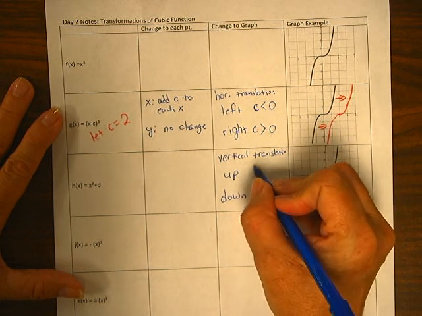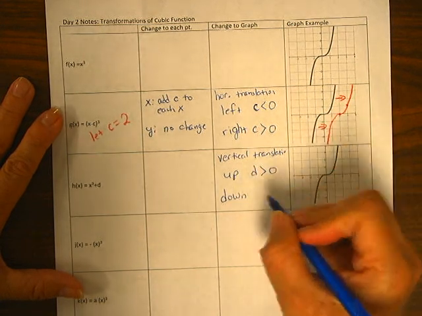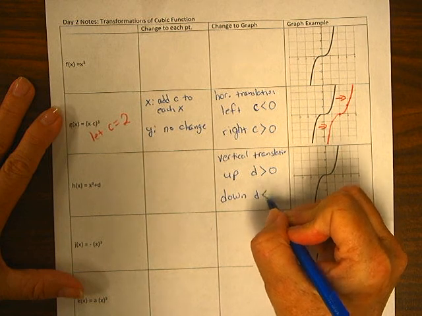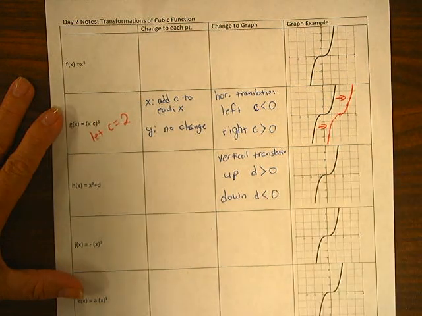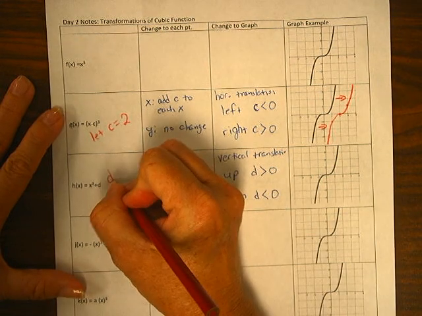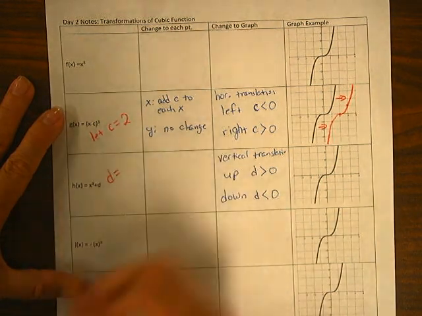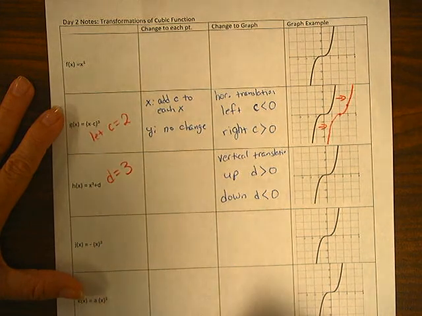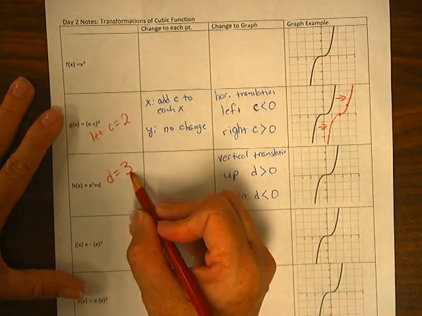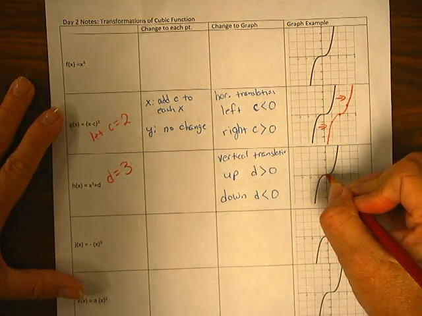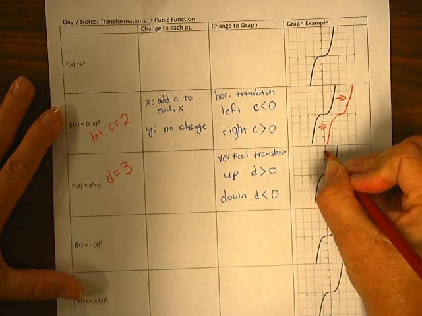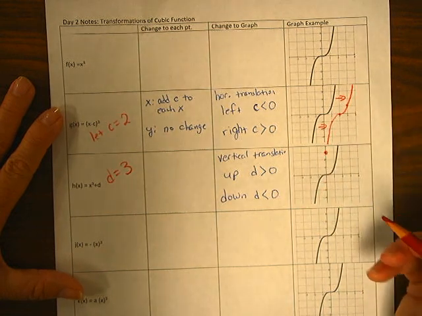And it will move up if d is greater than 0. It moves down if d is less than 0. So let's allow d to equal, how about 3? Let's take a look at that. So d is obviously positive. And what that does is it takes each point and moves it up 3.